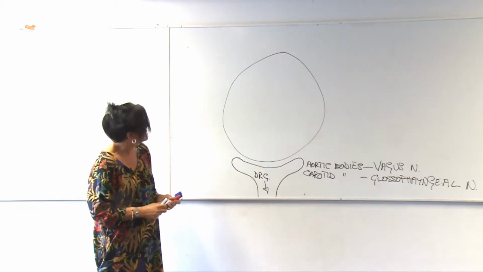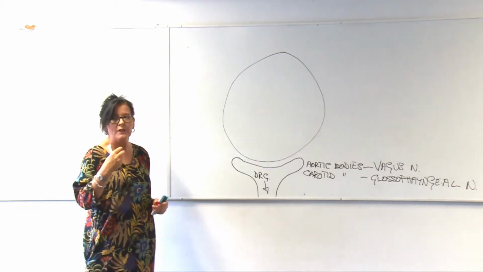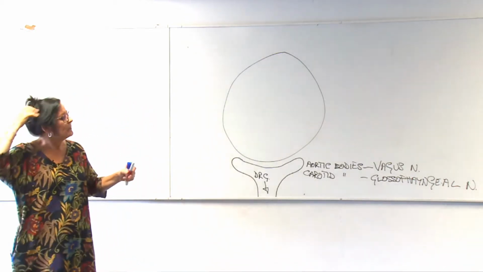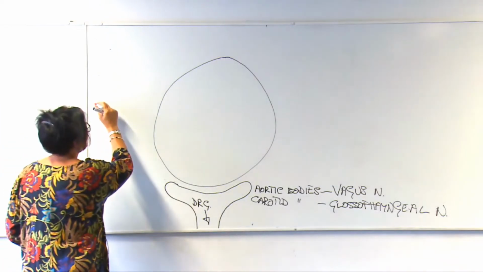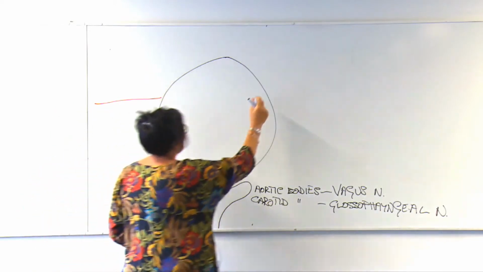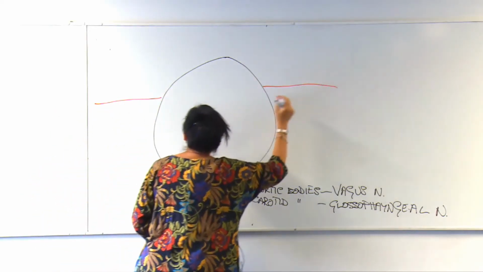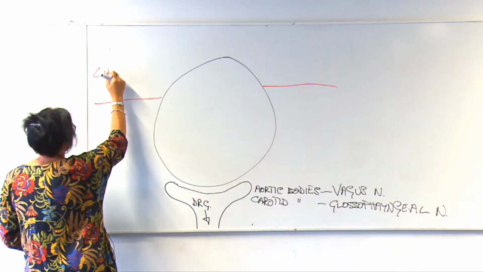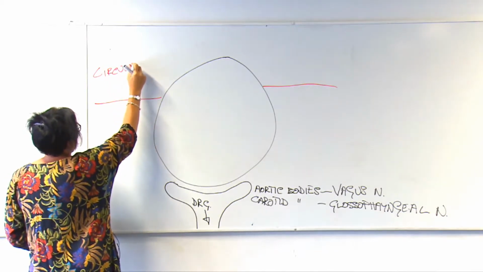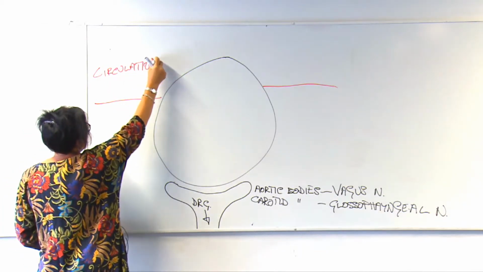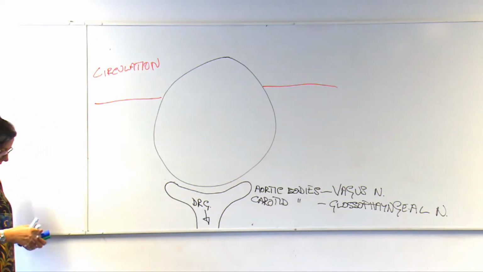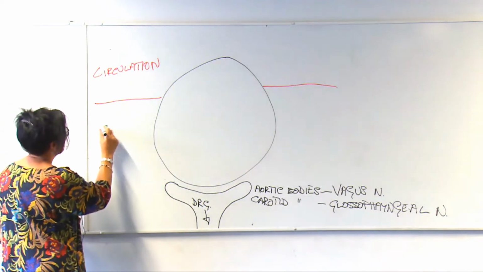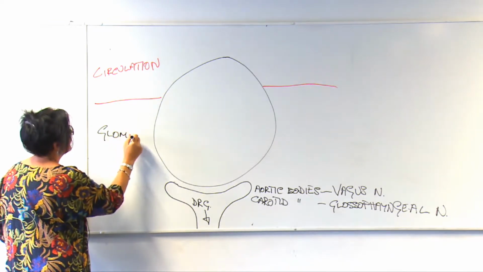Okay, so let's get back to our glomus cell. The glomus cell, remember, we're monitoring oxygen in the blood. So our glomus cell is going to be in direct contact with the circulation. It has to be able to monitor oxygen. So here's our glomus cell.